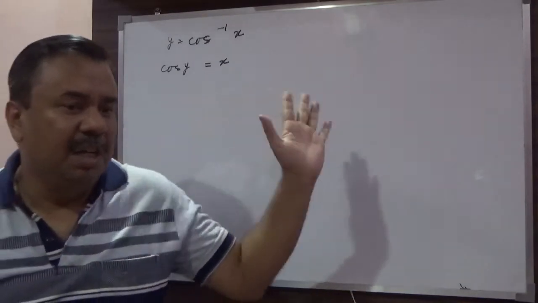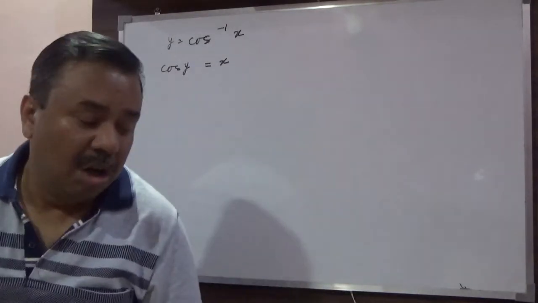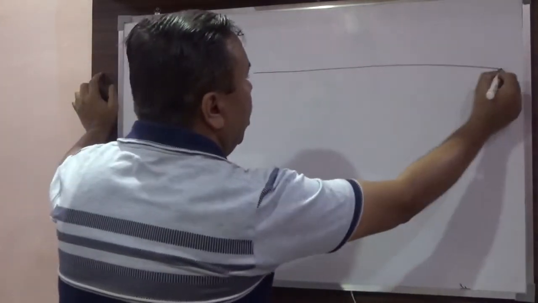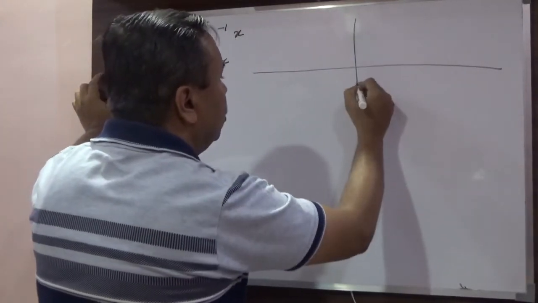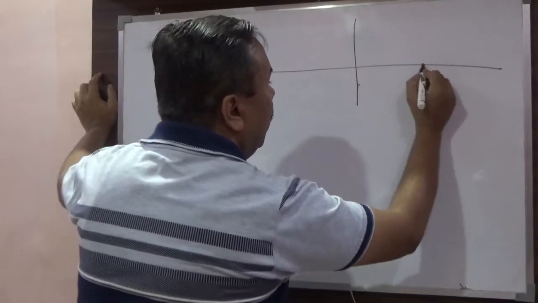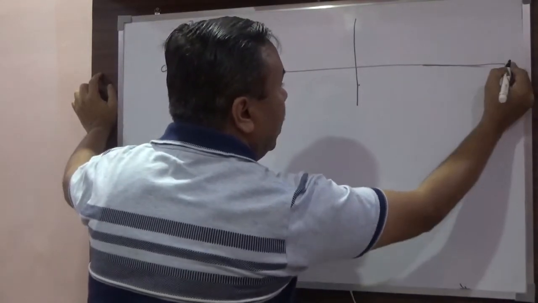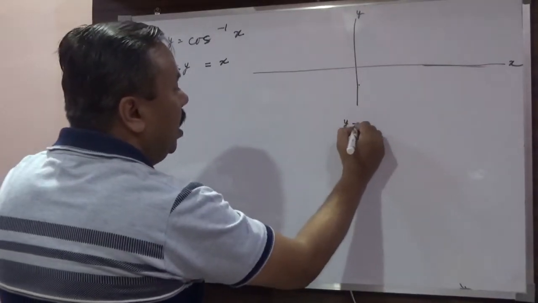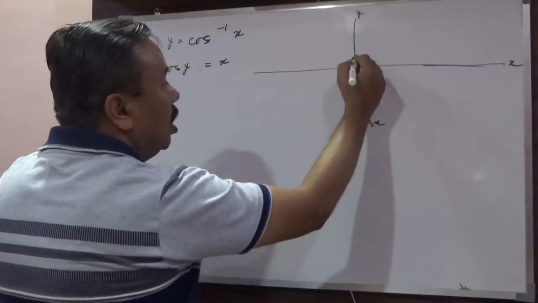The starting point was different, the rest was the same. I will first make, you see, the graph of y equal to cos x.